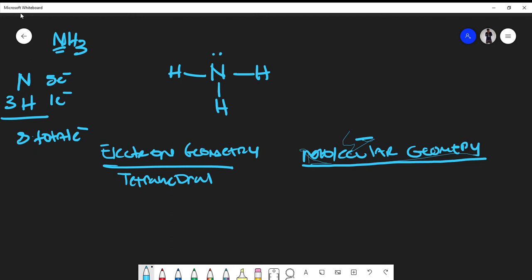And so if I have 4 electron groups, with one being a lone pair, this is considered trigonal pyramidal. So the molecular geometry is now trigonal pyramidal.